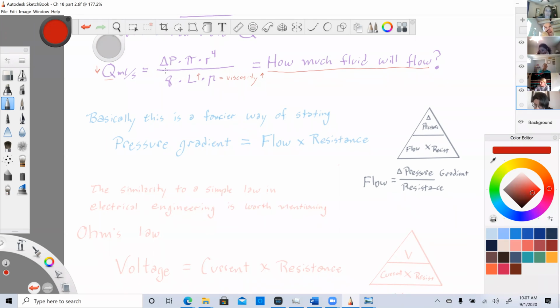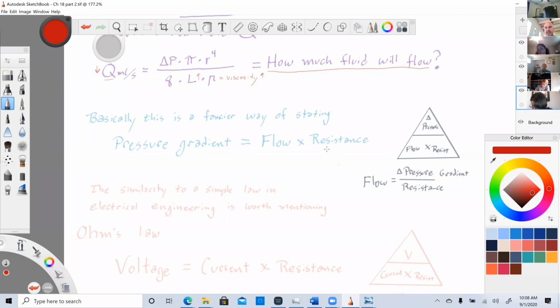It's not that the physics test is dumbing down, it's just that it's evolving over time. And do we really need to know Poiseuille's equation? I think it's useful, but a far easier way of saying it is: pressure gradient is equal to flow times resistance.